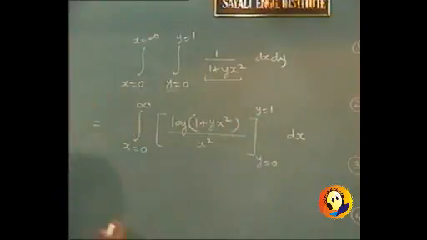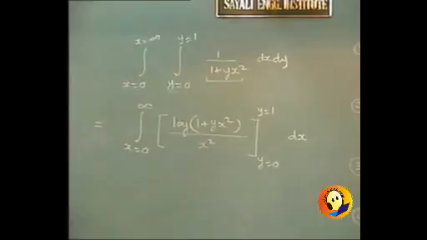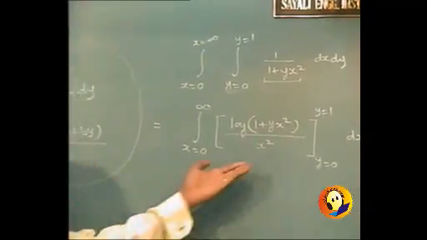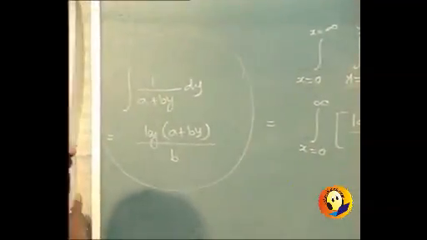The formula that I have used is something like 1 upon a plus by dy will be integrated as log of a plus by upon b. So using this particular result, I could get it very fast. Of course, substitution is another way.